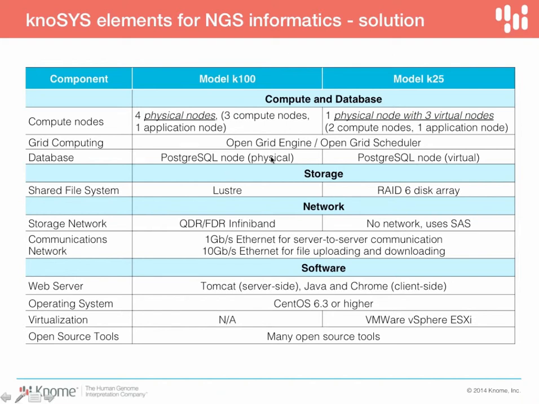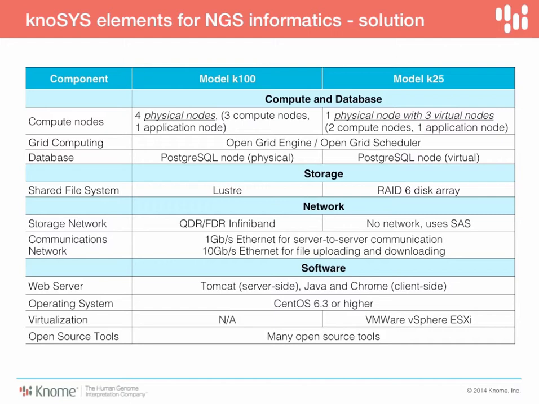In the K100 case, it's physical, and in the K25, it's a virtual node. As I mentioned, the K100 uses the Lustre shared file system, and the K25 uses a RAID 6 disk array. The storage network, this QDR, FDR InfiniBand, QDR stands for Quad Data Rate. It's basically 40 gigabits or 5 gigabytes a second of I/O bandwidth.